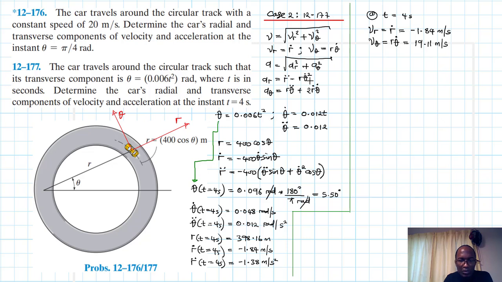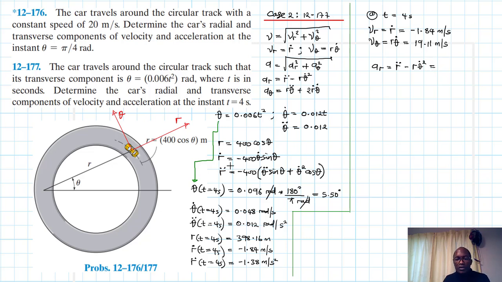And then we have acceleration a r, which is equal to r double dot minus r theta dot squared.